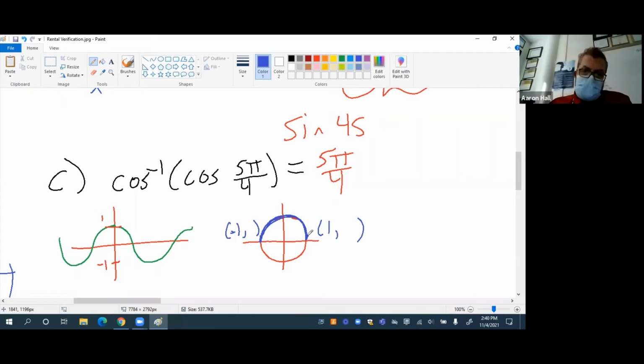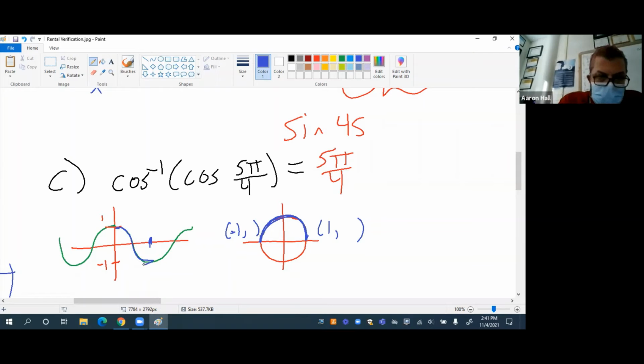which would be from 0 to pi, right? 0 to pi, so it'd be this little piece there. So I need to replicate this piece right here.